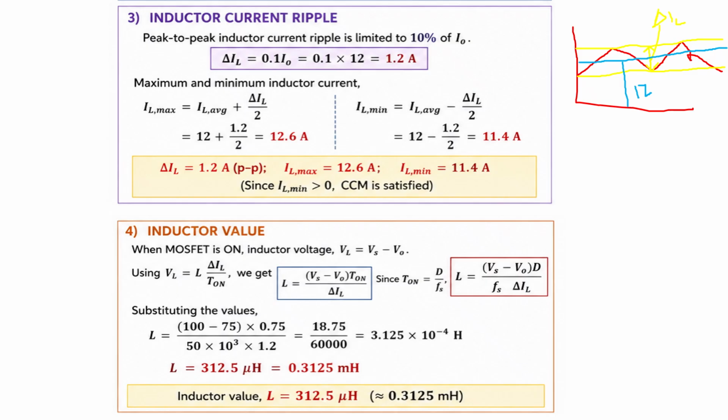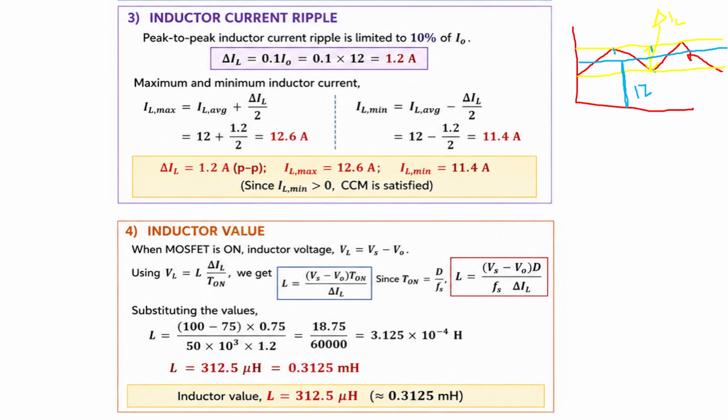So how can we find the maximum point and the minimum point? Average inductor current is 12 ampere and ripple delta IL is 1.2 ampere. The average is in the middle of this inductor current. So how can we calculate the maximum point? Maximum point of this inductor current is 12 ampere plus delta IL by 2.